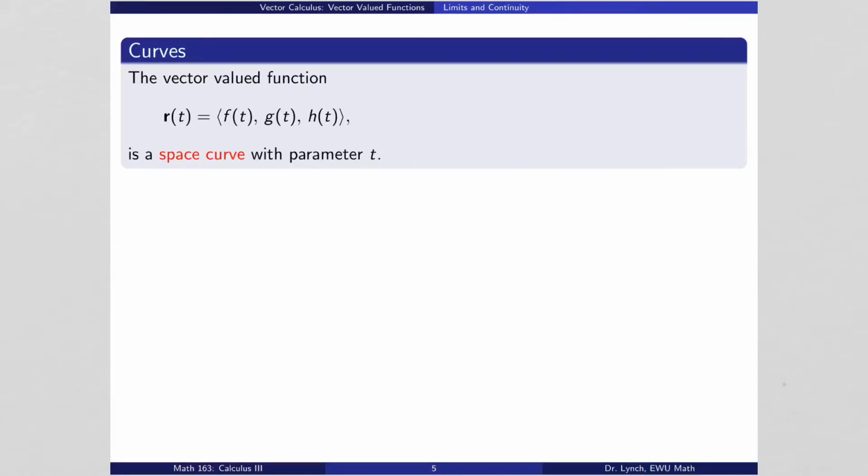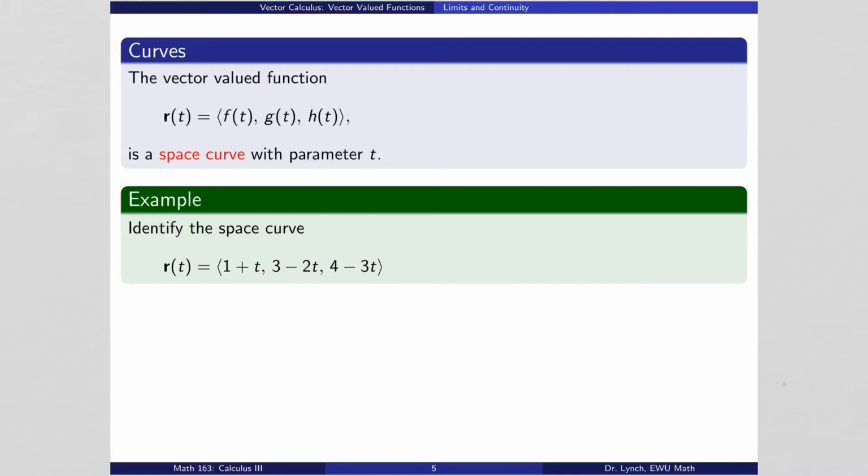Having defined limits, we can talk about curves in space. So the curve r of t, we can think of it as a space curve with parameter t. As t ranges, we're given different values of our vector-valued function, and that defines for us a curve in space.